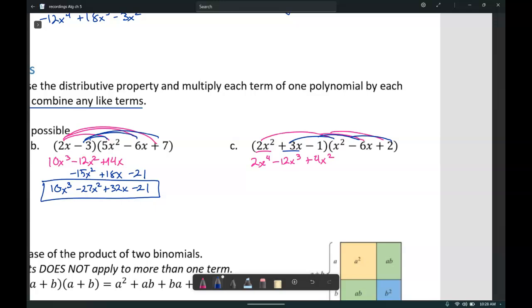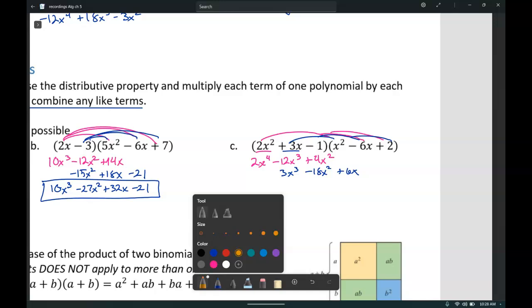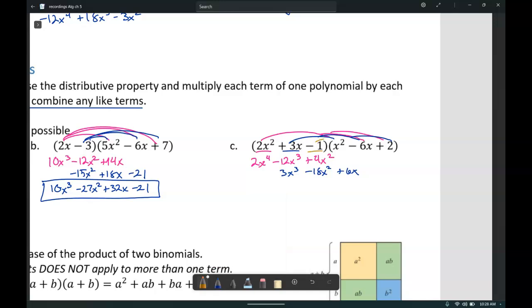So we will have 3x to the third minus 18x squared plus 6x. And then last but not least, negative 1 times everything in the trinomial. We will have negative x squared plus 6x minus 2.